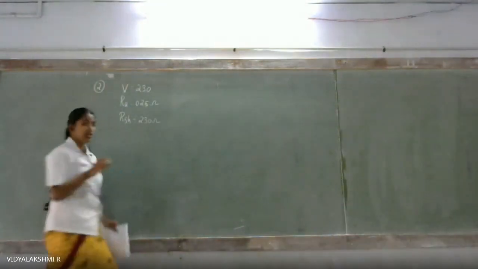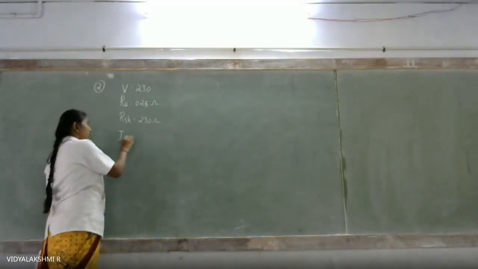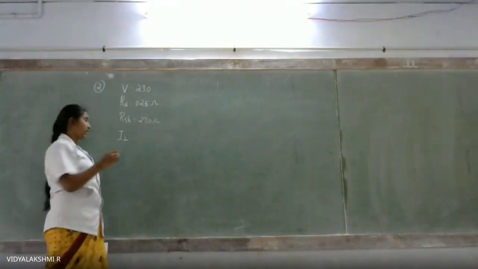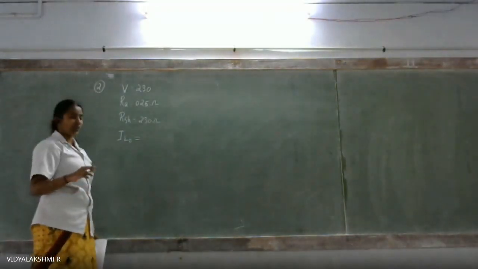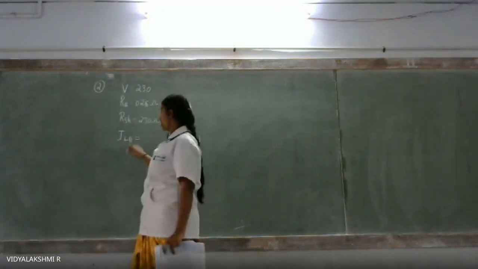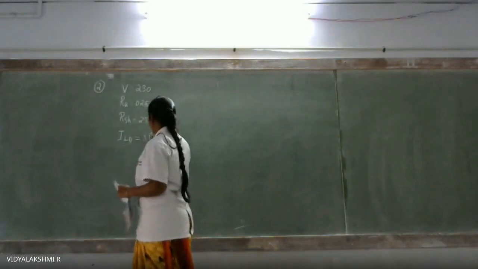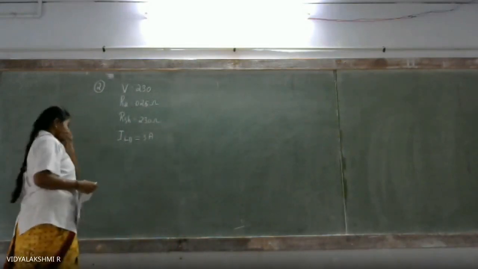They have given the no load current. So no load current means IL, and you have to mark it with a naught, which means no load. IL naught is equal to 3 amps. They have given no load current.